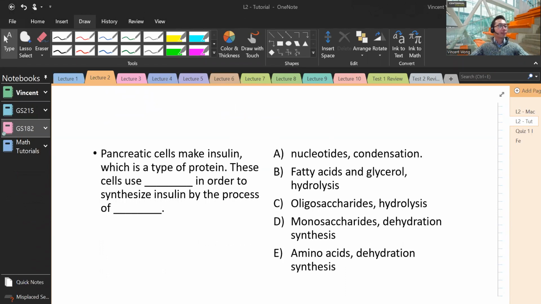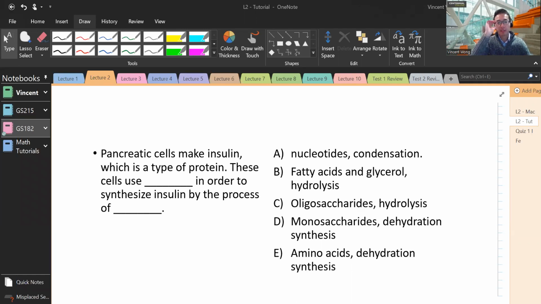Here's another one. Not as many responses here.